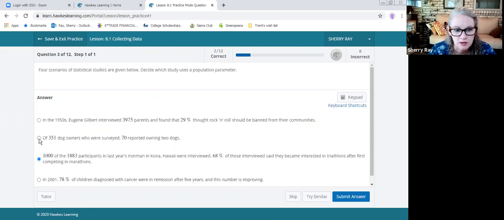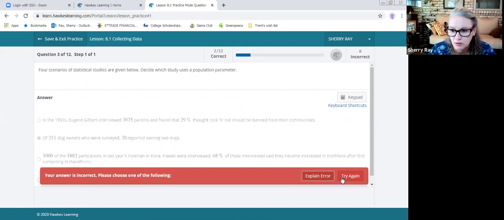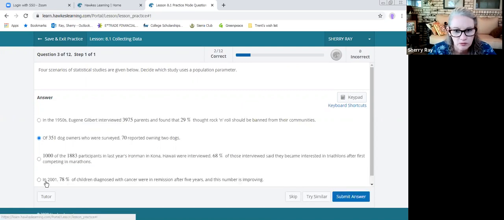Maybe it's this one, I can't remember. Oh wait, parameter. Parameter describes something of the population. There, it's this last one. Okay.